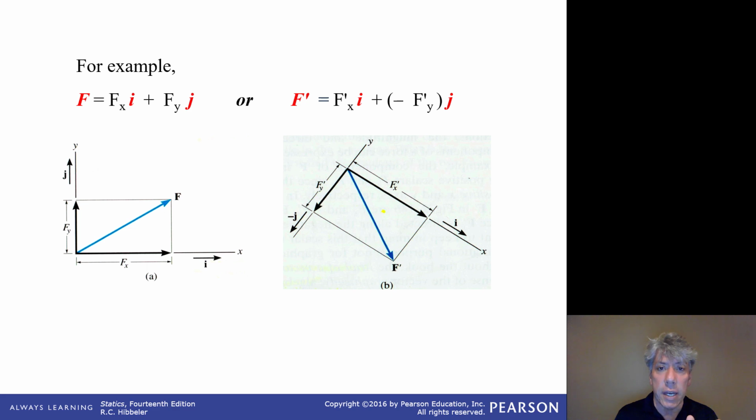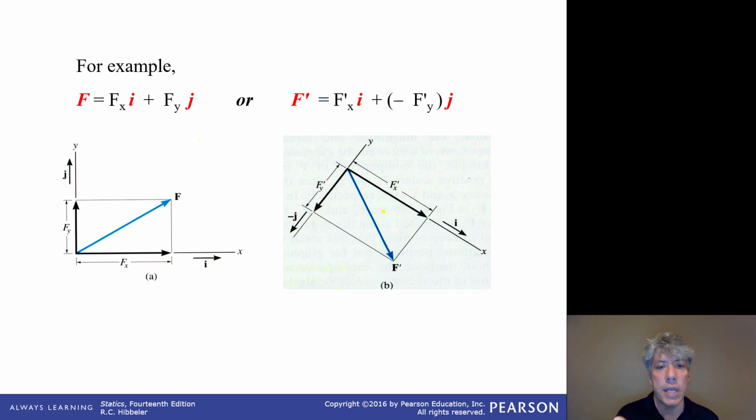So Fx, which is a magnitude, is multiplied by a direction that has magnitude 1, that's the i unit vector, plus Fy, the vertical magnitude of force F, times the unit vector j. You see, i and j are vectors that have length 1 along their respective axes. i goes with x and j goes with y.